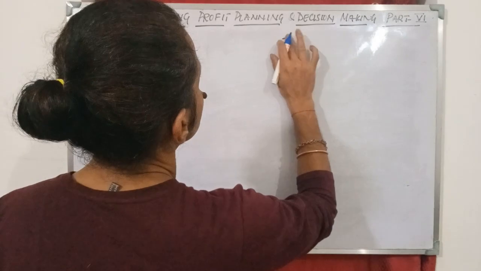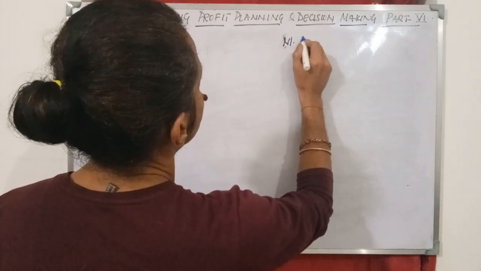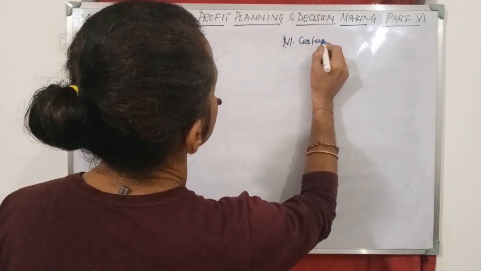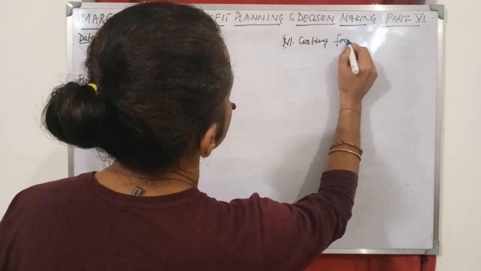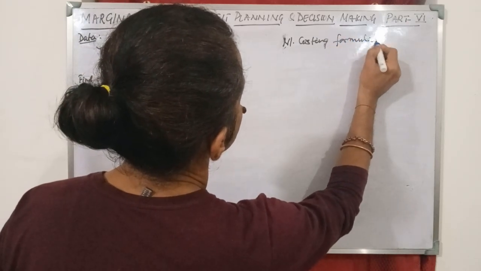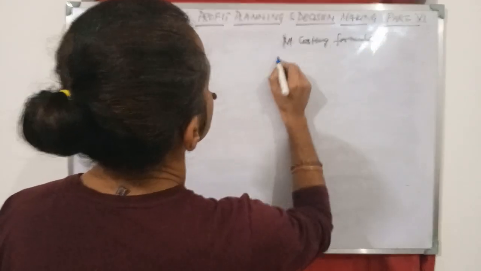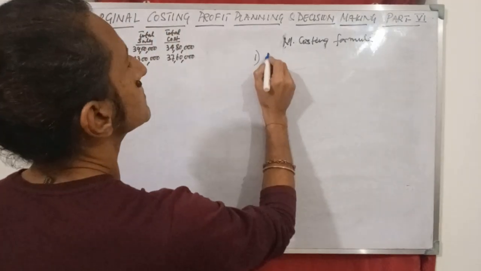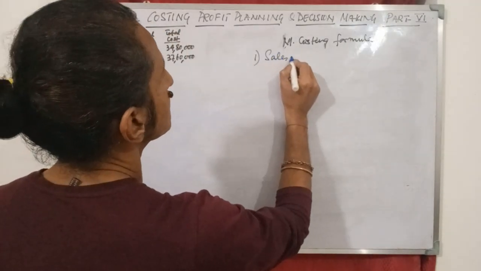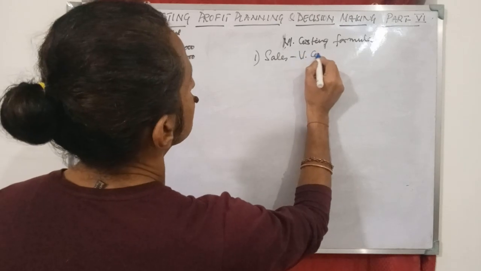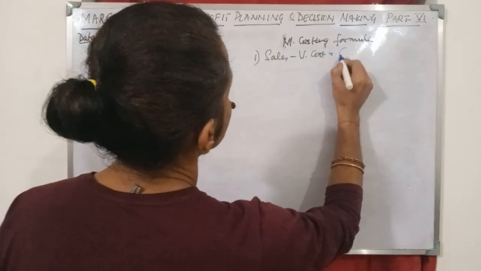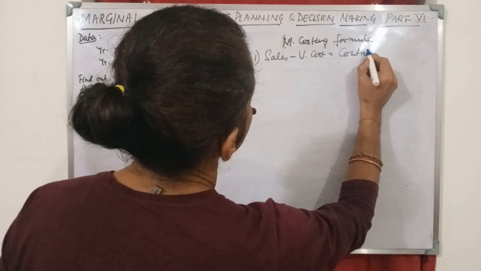So, marginal costing formulae. Number 1, sales minus variable cost is equal to contribution.